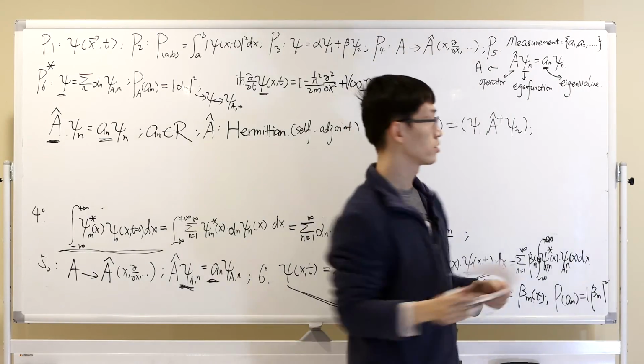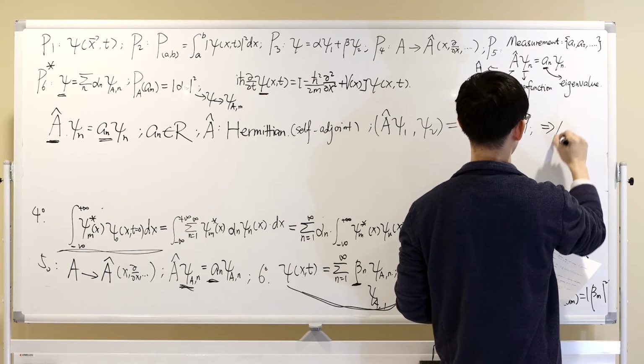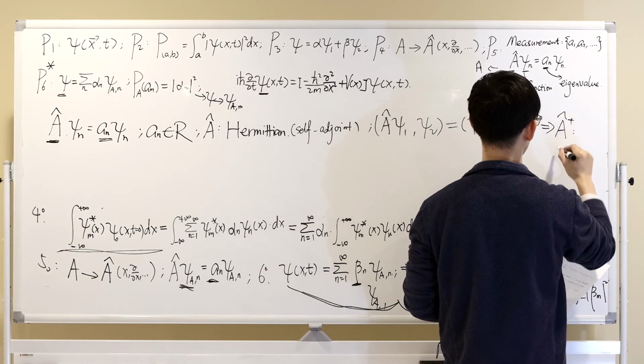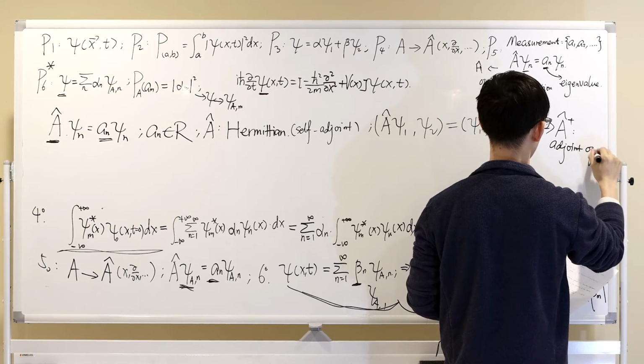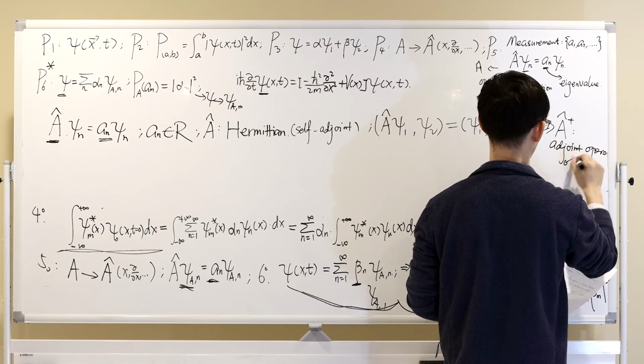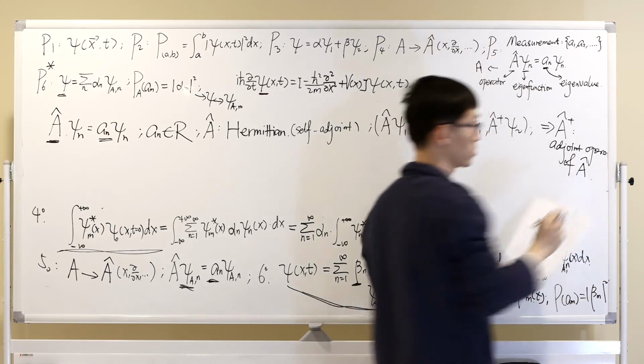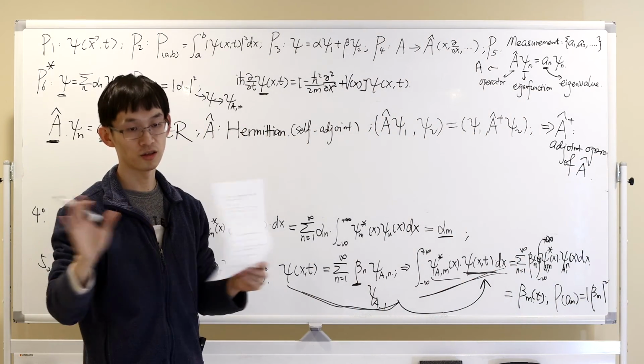Here A dagger is the adjoint operator of A. This is a mathematical definition, a mathematical operation with no physical meaning.